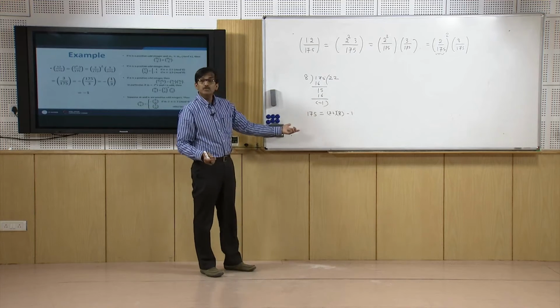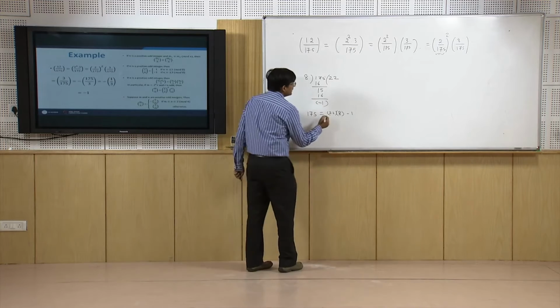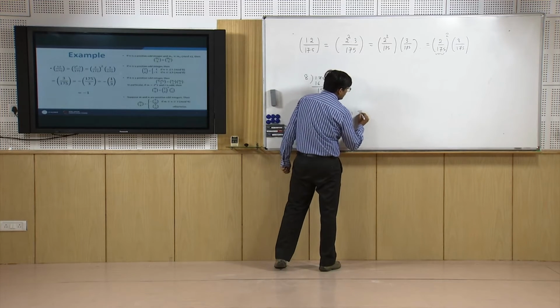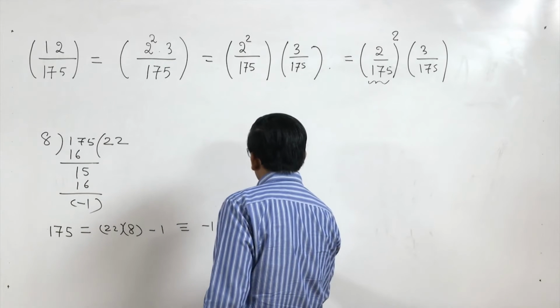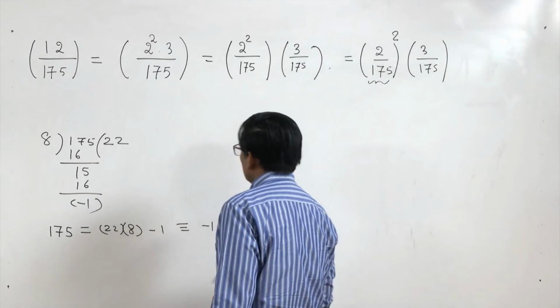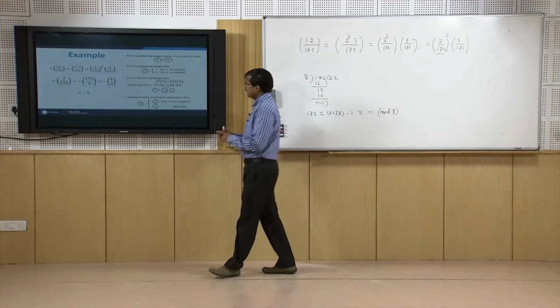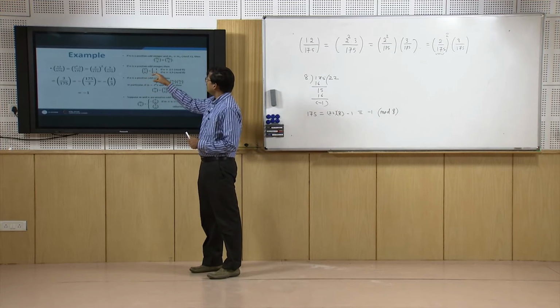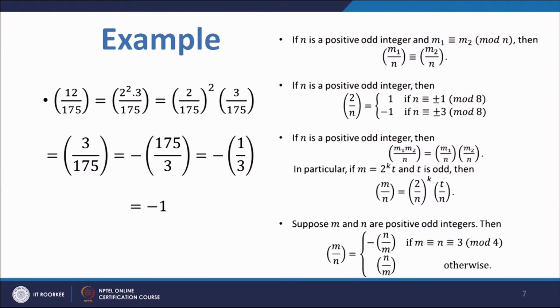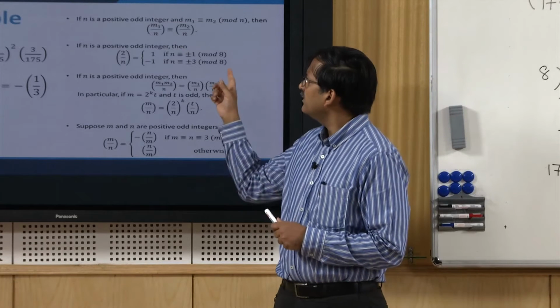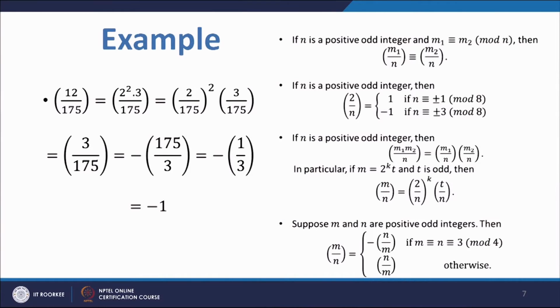Of course, this is true, and this means that it is congruent to minus 1 mod 8. So, therefore, in my case n is equal to 175 and it is minus 1 mod 8, and therefore, I know that (2/n) is going to be 1 according to that rule.